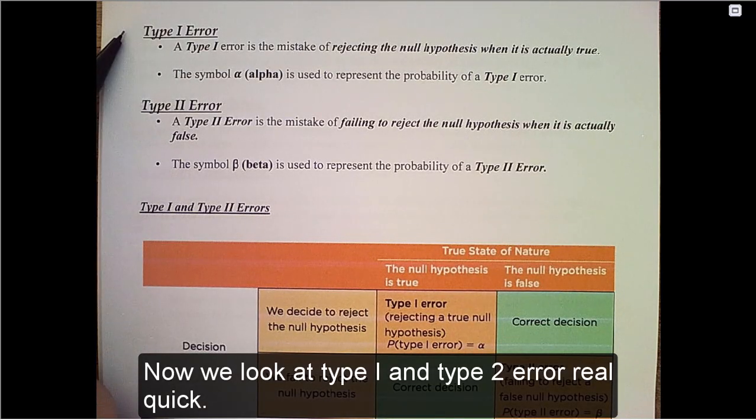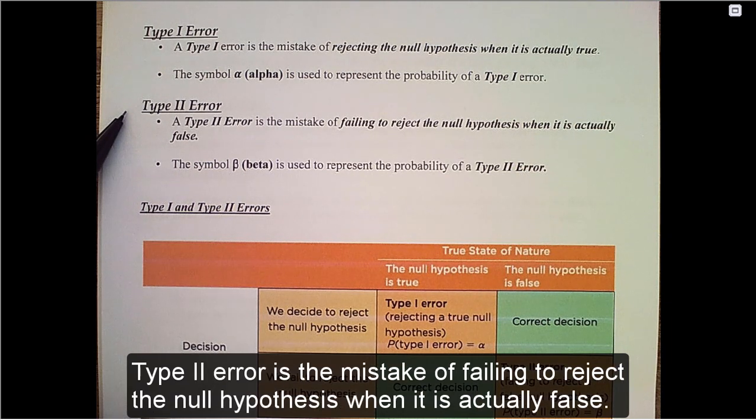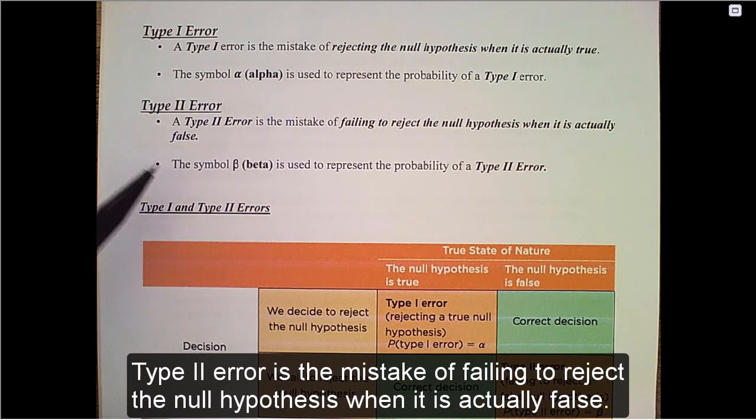Now we look at type 1 and type 2 error real quick. Type 1 error is the mistake of rejecting the null hypothesis when it is actually true. Type 2 error is the mistake of failing to reject the null hypothesis when it is actually false.